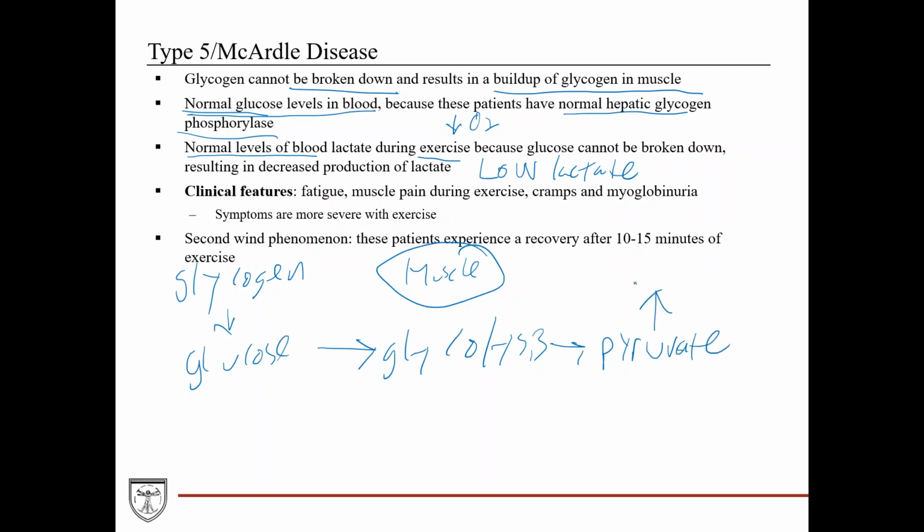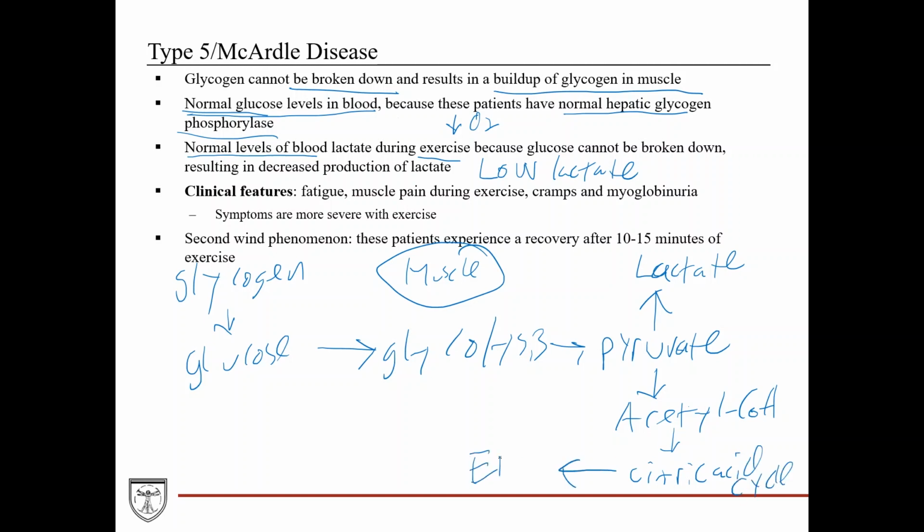And then pyruvate can go to lactate, which is anaerobic, or it can go to form acetyl-CoA, which then enters the citric acid cycle, which then enters the electron transport chain, which uses oxygen and produces ATP. Okay? So in normal individuals, this gets used up. This is the limiting factor because you use up so much of this during exercise.